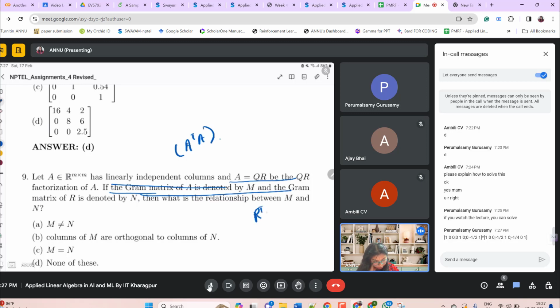This should not be equal. What is the relationship between them? What answer are you giving for the previous question?